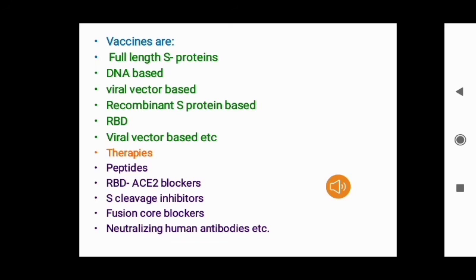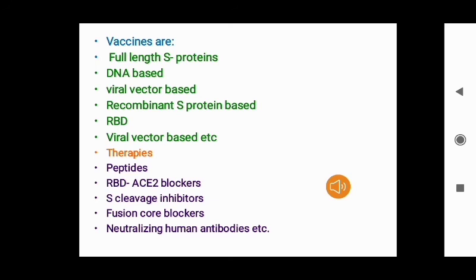Another therapy is RBD-ACE2 blockers. This blocks RBD-ACE2 binding and S protein mediated infection, but the disadvantage is yet to be identified. After that, there are S cleavage inhibitors. These might interfere with S cleavage, but the disadvantage of this is also not identified.